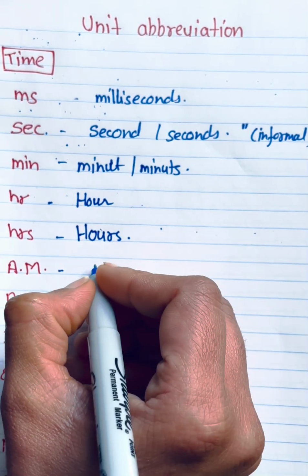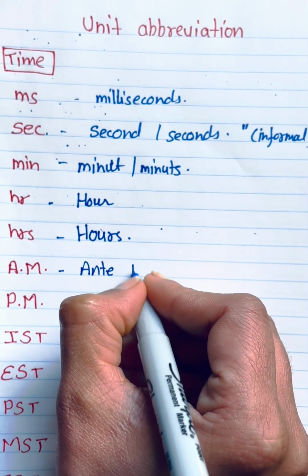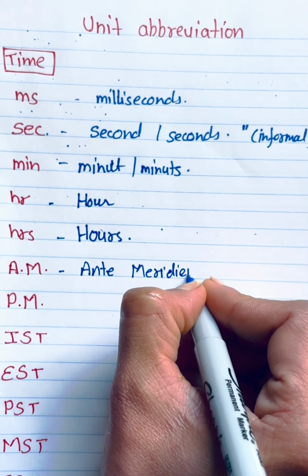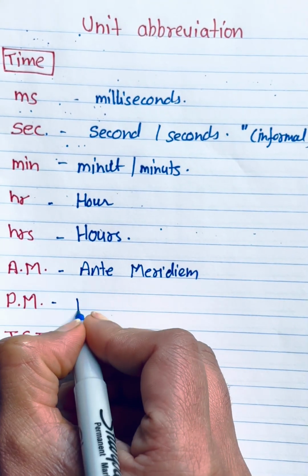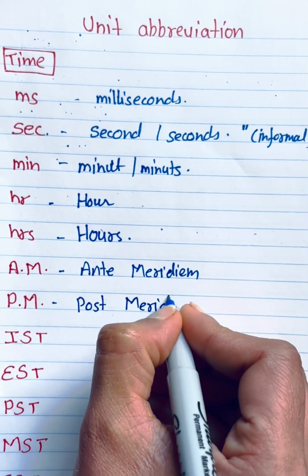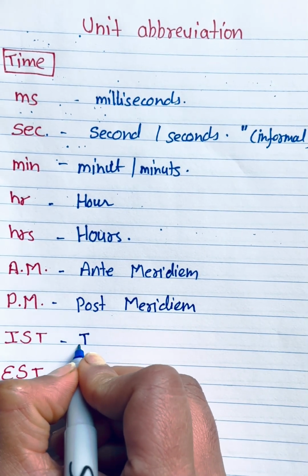And then am is antemeridian, and pm is post meridian. IST is Indian Standard Time.